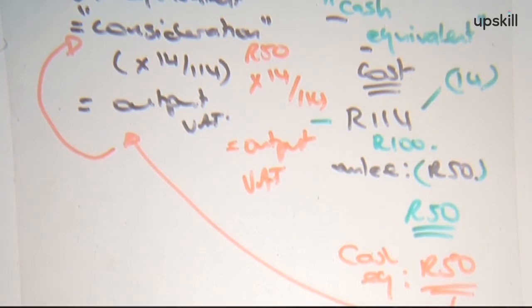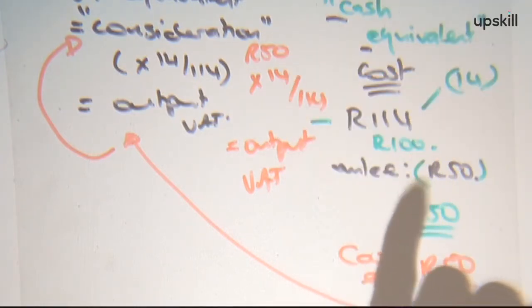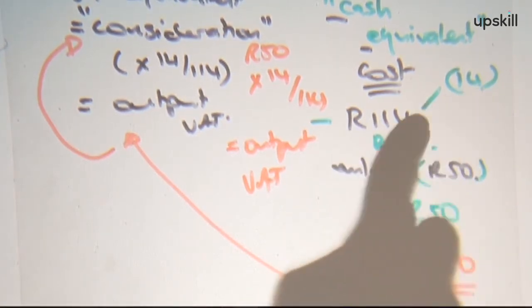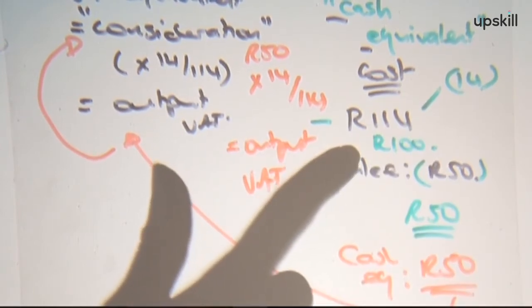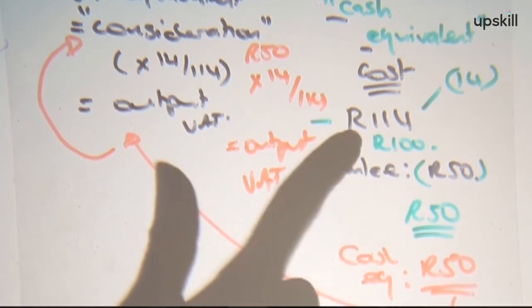So please be careful. It's going to feel confusing, because when we take the cost to the employer of an asset, we might already have had to say that the cost to the employer excludes VAT, because the employer claimed that VAT back from SARS. So the employer's cost of this computer was 100. We reduce that by any amount the employee paid for this free or cheap asset, in our instance 50.